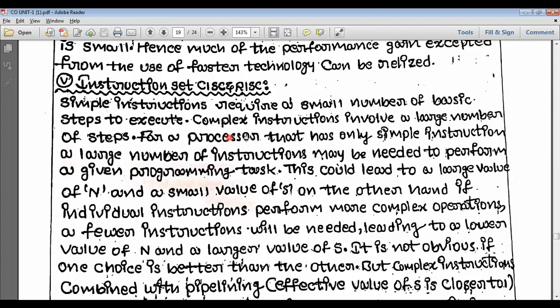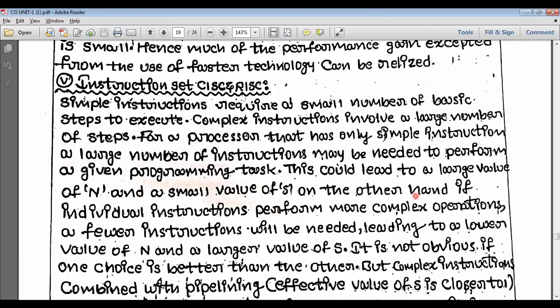For a processor that has only simple instructions, a large number of instructions may be needed to perform a given programming task. This could lead to a large value of n and a small value of s. If you are taking simple instructions, n will be large, s will be small.